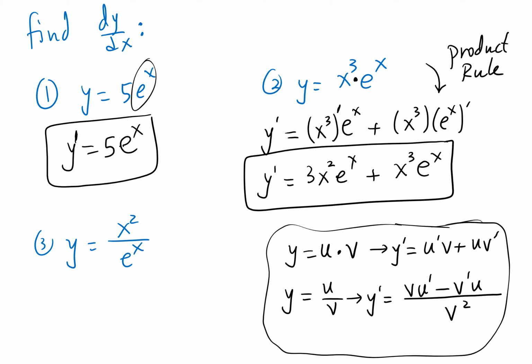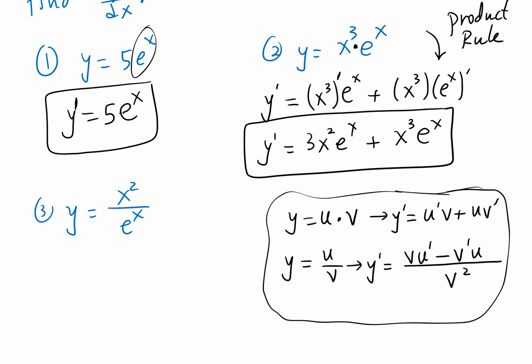That's called quotient rule. So now I recommend you try number 3 on your own. See which rule you have to use, product rule, quotient rule, or none of them.